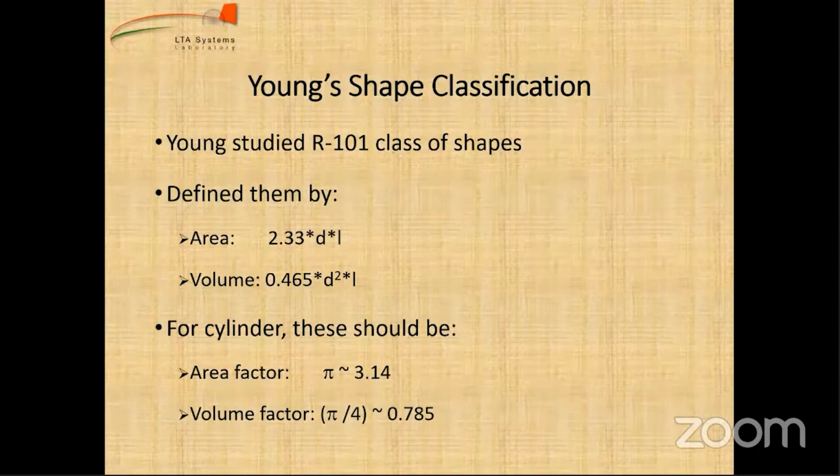So that is why we call it Young's area factor and Young's volume factor. Basically, it says that if you have an airship with diameter d and length L, the area will be roughly 2.33 times d into L. And the volume will be 0.465 times d squared into L. That's all. That is what it is. Okay, sir.